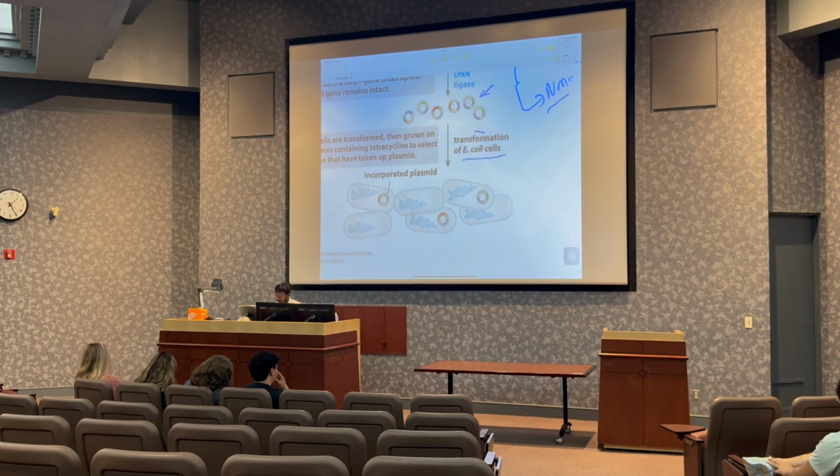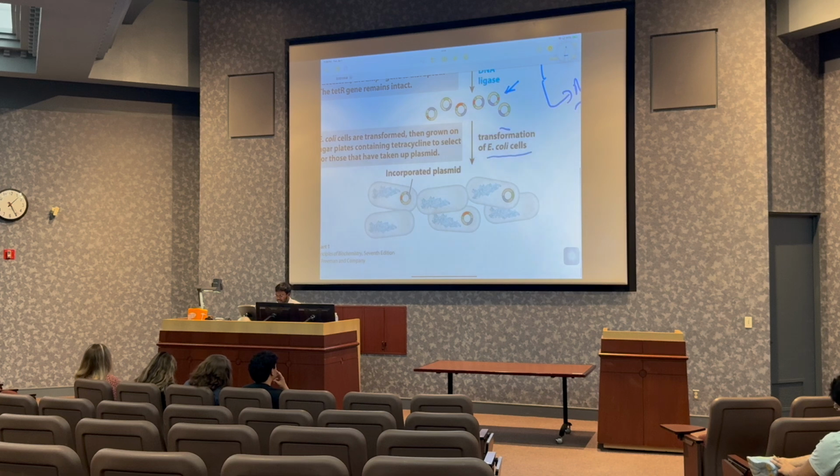You can see there are two types of bacterial cells here. One has a vector and one doesn't have a vector. But I could also see a different type which has a vector with a foreign DNA. So this is one type, this is two, and this is the third type. You could not see any more types. What's the difference between this one and this one? It doesn't have a plasmid.